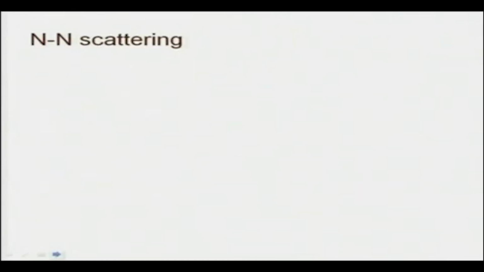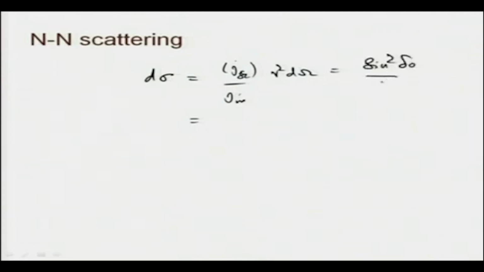Now, in our case, J sc is known, J in is known. Therefore, putting it together, we have J sc over J in times r square d omega, equal to sin square delta 0 over k square.